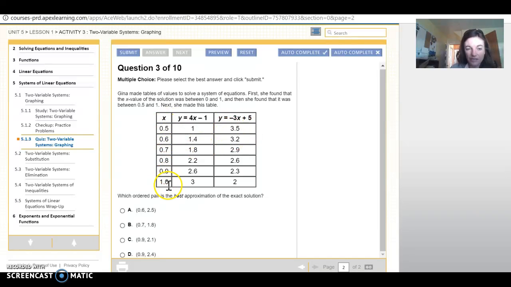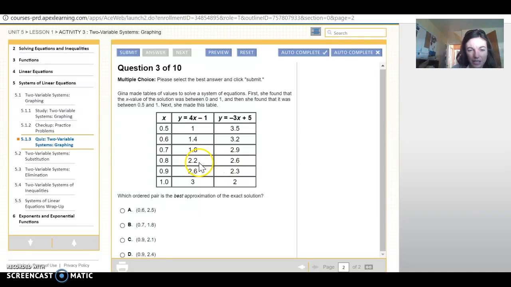Since we know the x values are the same, what we need to find are the two y values that are as close as possible. We know that we've got this between 0.5 and 1. Those are my x values. I'm not very close on any of these, but I'm getting closer.